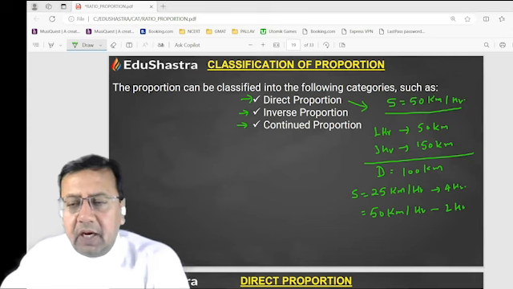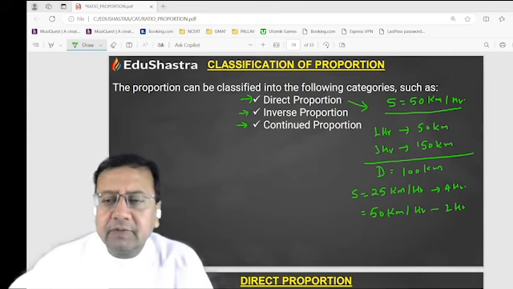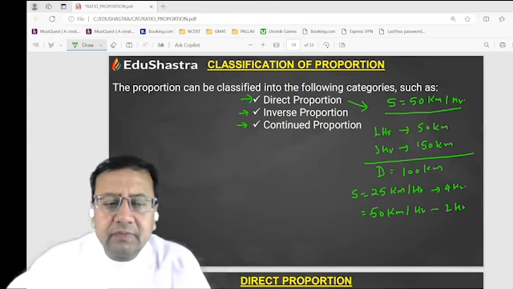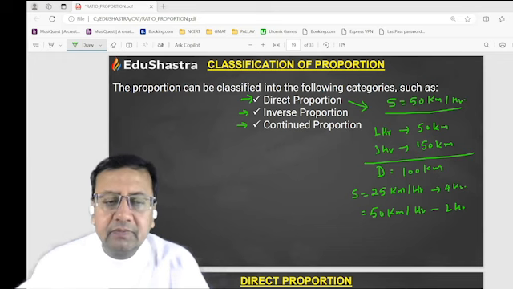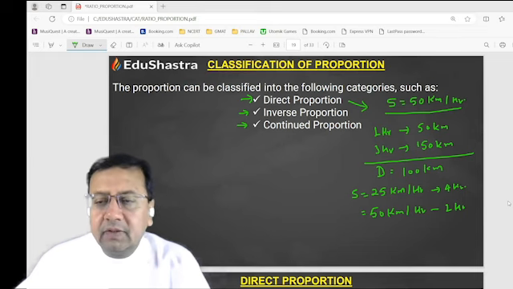So Preeti, how is this price and sale? Sir, I think price and sales are inverse proportion.